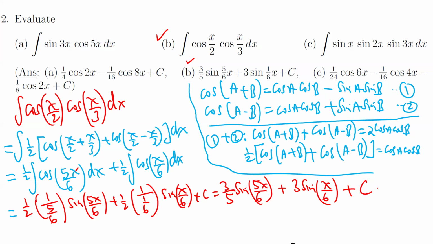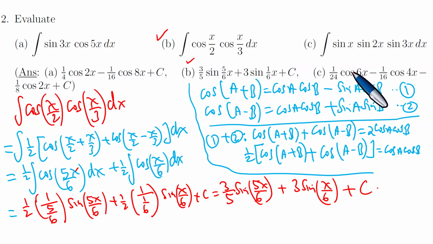Now, part C is a very interesting one, but you're able to see that there are several multiple angles involved here. Because there are several multiple angles involved here, you obviously need to look at what the answer also contains.